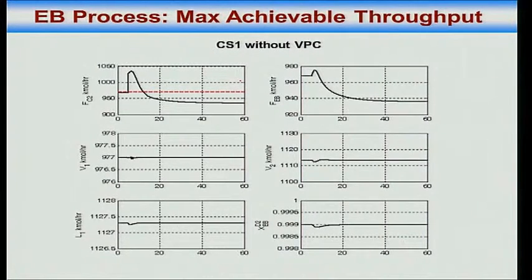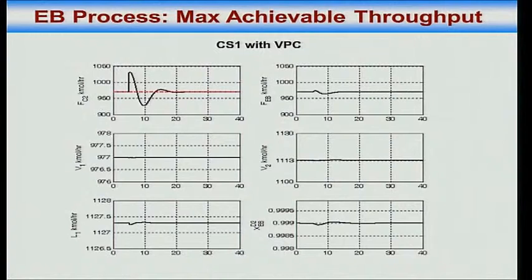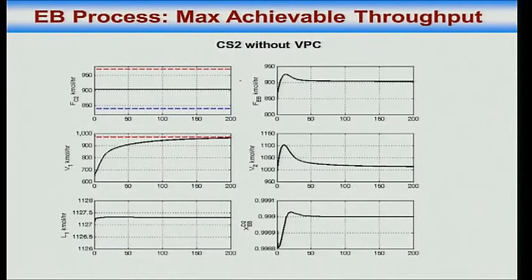In CS1, if you put in the VPC, the throughput comes back to wherever it was. What is interesting is CS2, the conventional control structure. If you don't put in that VPC, I am at 840 kilomoles an hour of ethylene FC2.